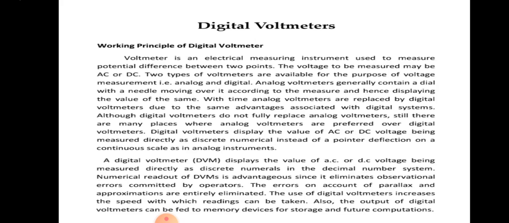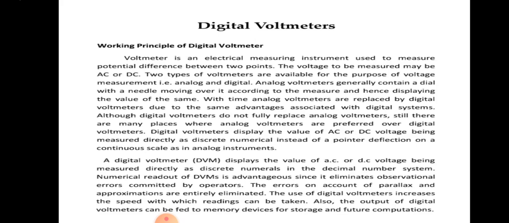In previous days, analog voltmeters were used, but according to new inventions, the digital voltmeter was also introduced. Analog voltmeter means where the pointer is deflected and gives the reading of the potential difference. And the digital voltmeter is what? It gives a digital value of the voltage as the output. So this is about the digital voltmeter.